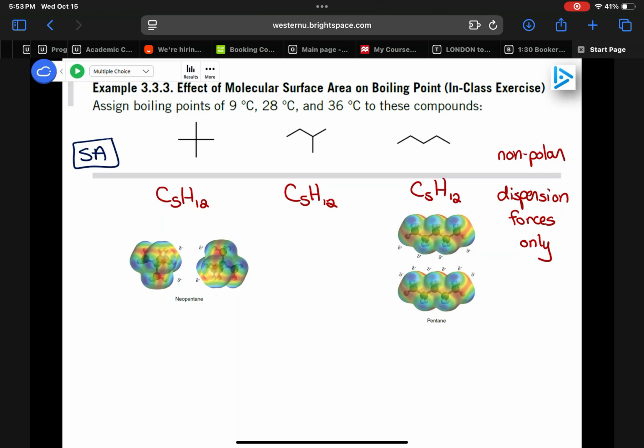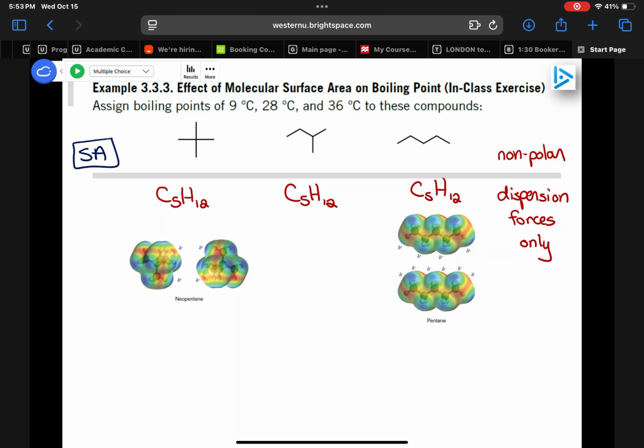Here I have my normal pentane molecules. That nice zigzag one. You can see that we have lots of surface area, lots of areas for those jello jiggler electron dispersions to be attracted to one another. That's in contrast to neopentane.